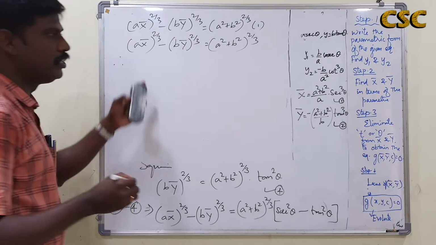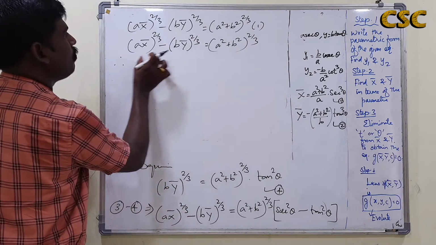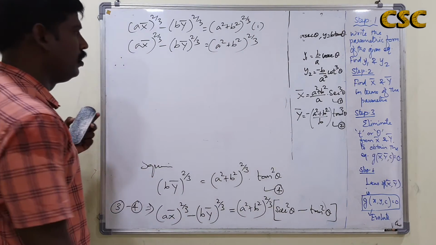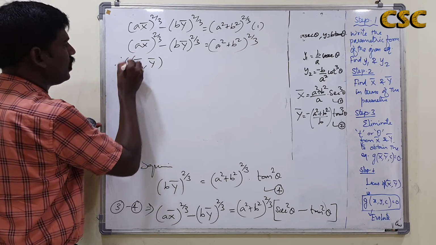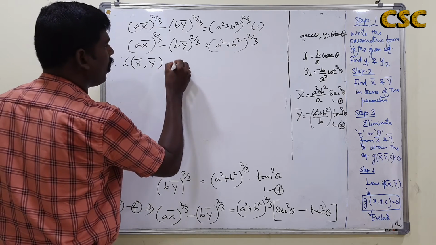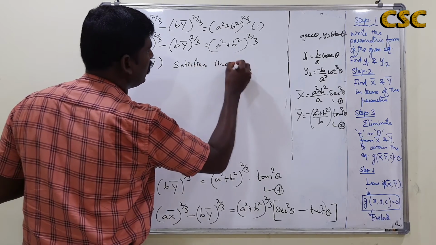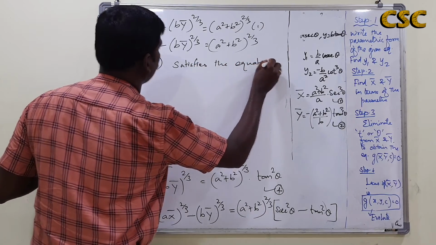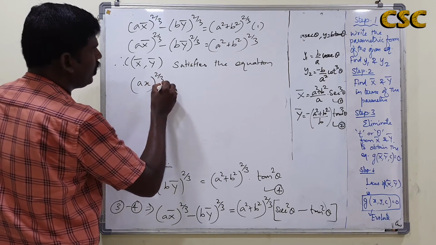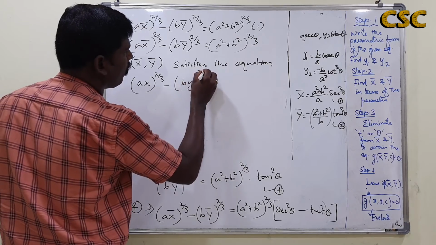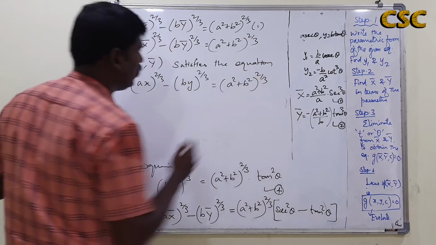Therefore, what we conclude from this equation is that we obtain g of x bar, y bar, c, where c is the constant term. Therefore, x bar, y bar is the coordinates of the center of curvature. x bar, y bar satisfies the equation a x to the power 2/3 minus b y to the power 2/3 equal to (a square plus b square) to the power 2/3.